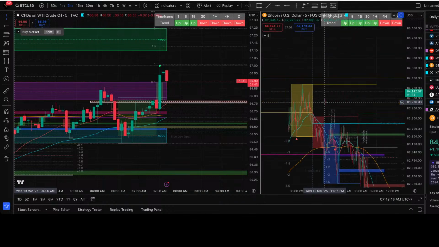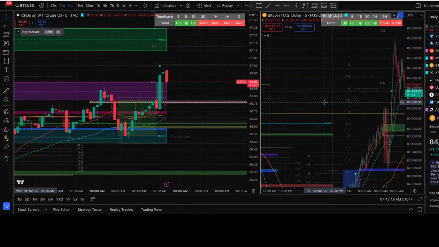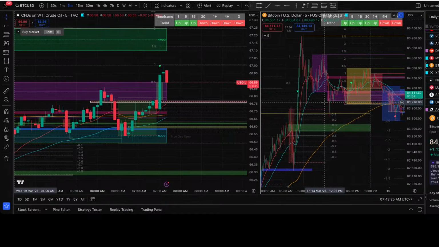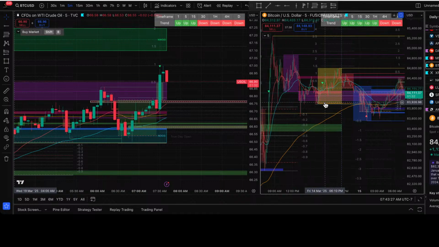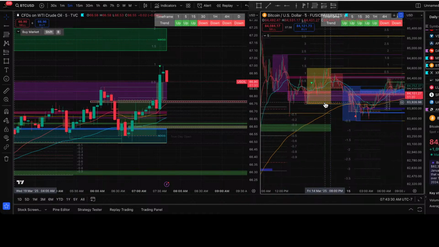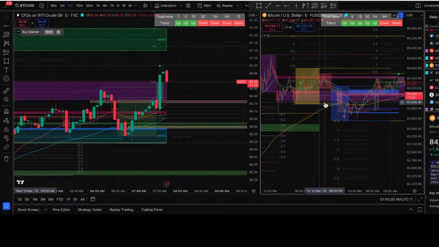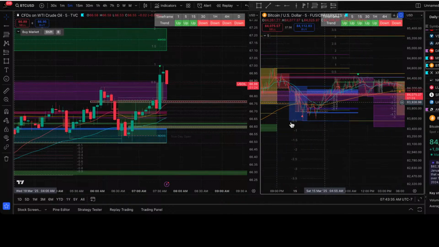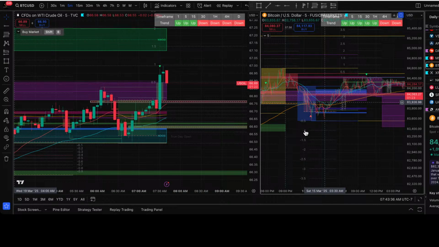Sorry, this scrolling somehow just goes haywire when we're streaming live. Still working on it. That's Friday. Here we are on Saturday. I'm going to turn the standard deviations off just so we can see the blue zone strategy.